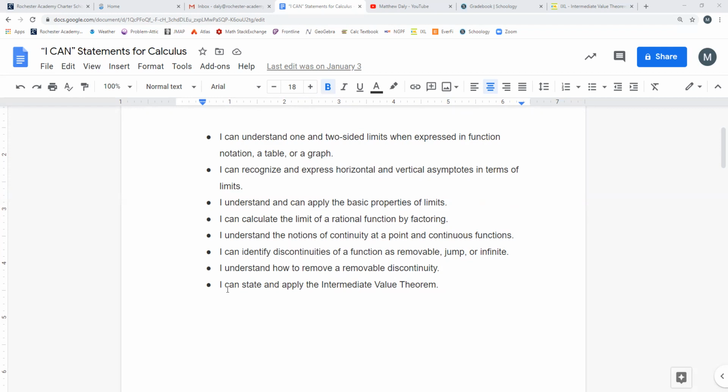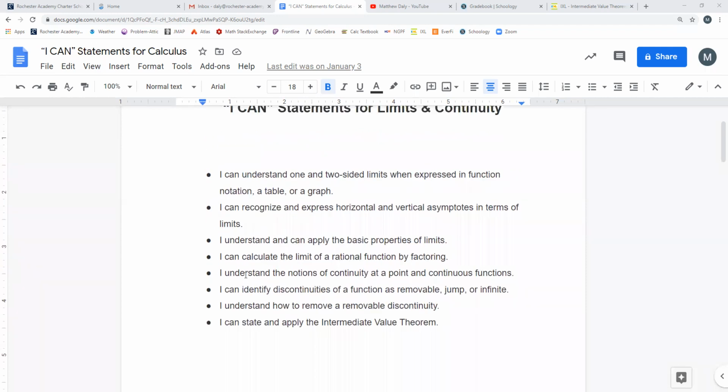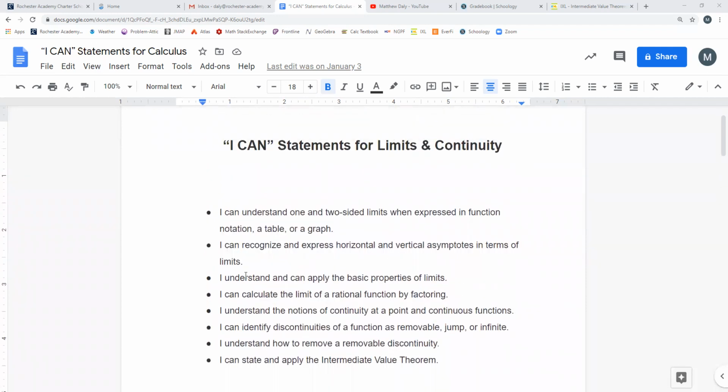And so we went through some examples of problems where you would be applying the intermediate value theorem. So if you feel comfortable with all of these topics, then you should feel ready to jump into the next unit where we start talking about derivatives and getting into why calculus allows us to do really cool things that we couldn't do in algebra.